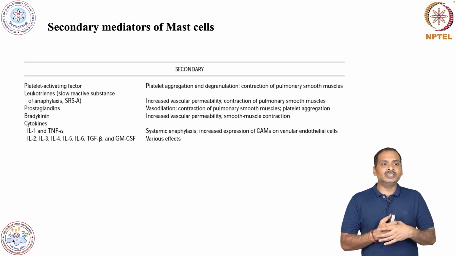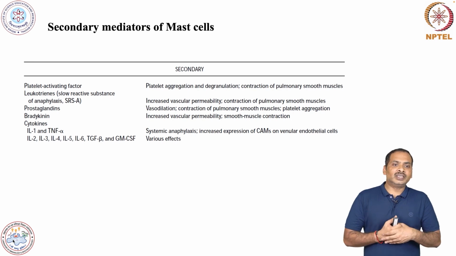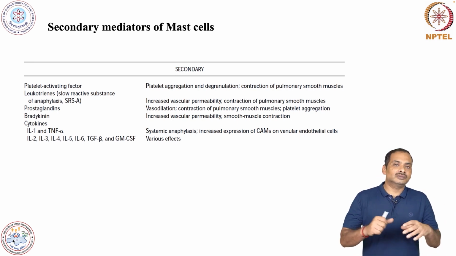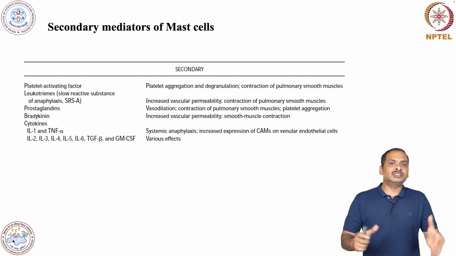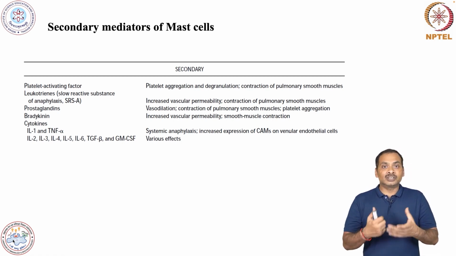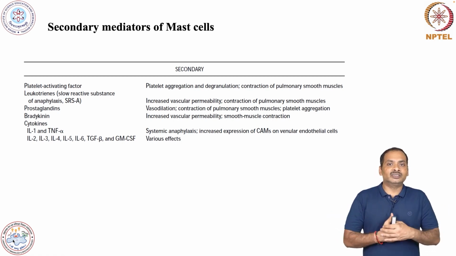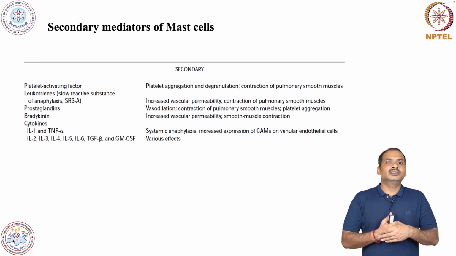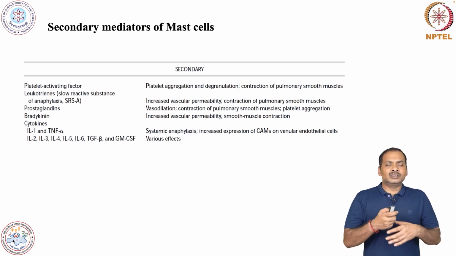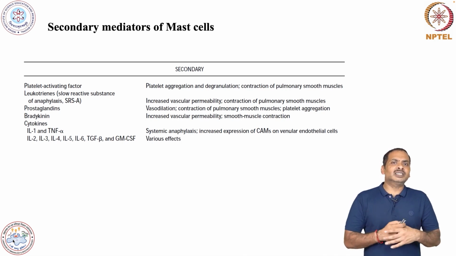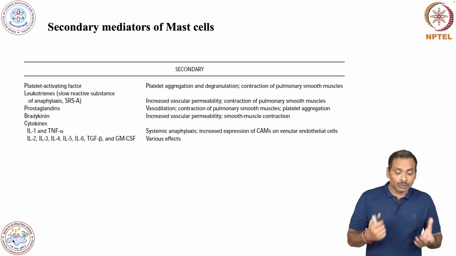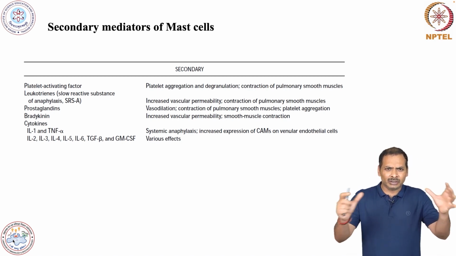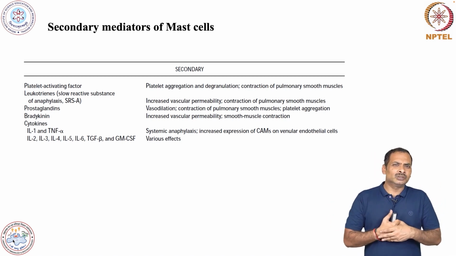There are some secondary mediators also. There are several factors which make the system very vulnerable or very immune active at the location. Okay. So, with all these primary and secondary granules, it will basically cause a hyperimmune response.